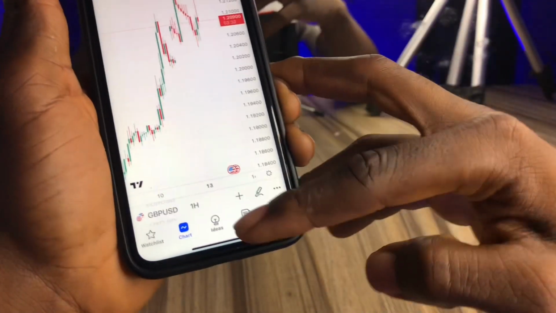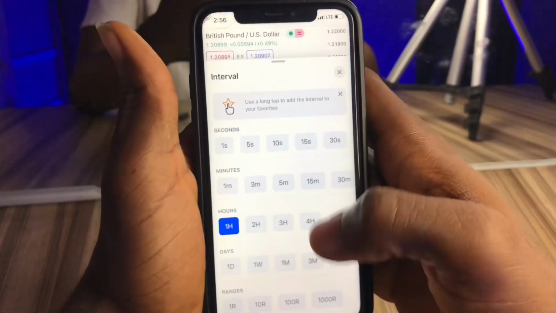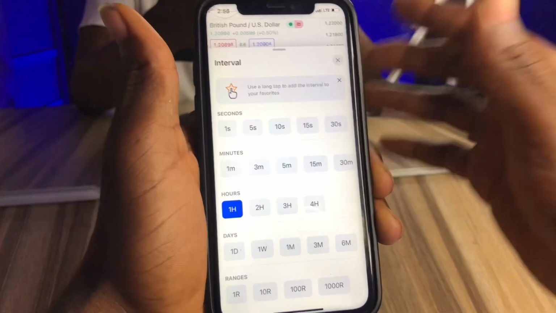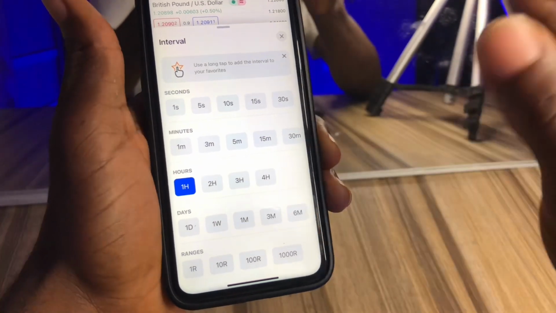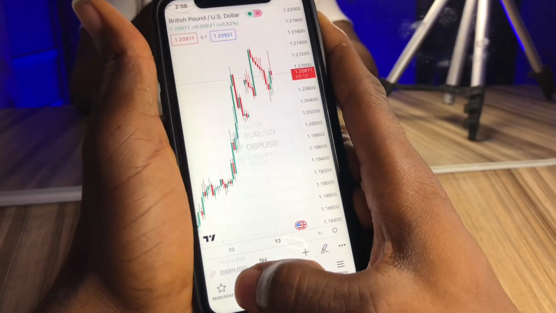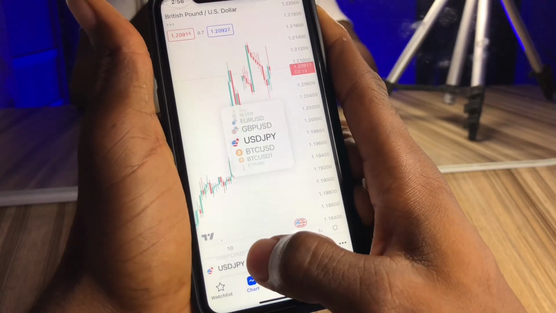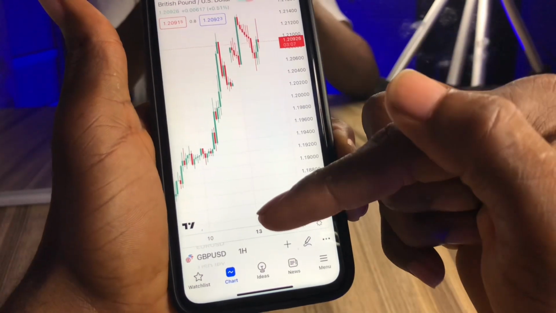You do that by coming to this section right here. As you can see, it says 1 hour time frame. Tap into the 1 hour time frame, and you can change it to any time frame you want: 1 minute, 5 minutes, 15 minutes, 30 minutes, whatever you like. Just choose that. If you also want to change currencies, you can easily switch it up like this. I'm going to leave it where I was, GBPUSD.